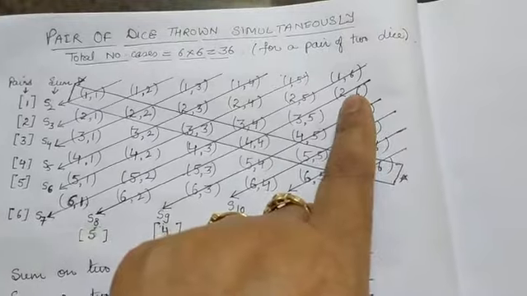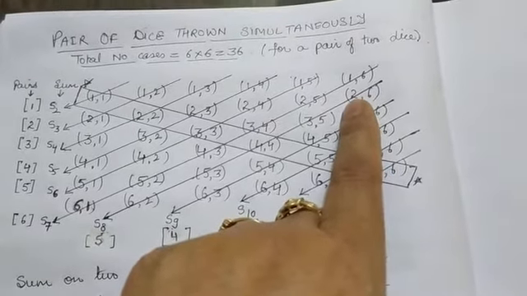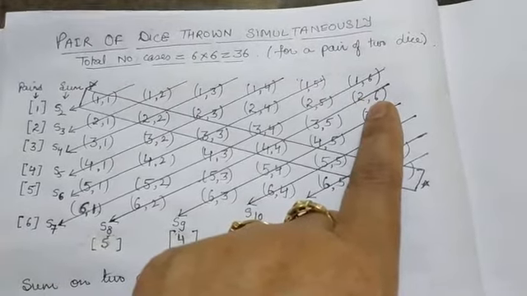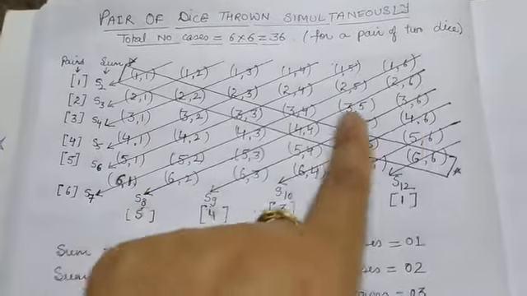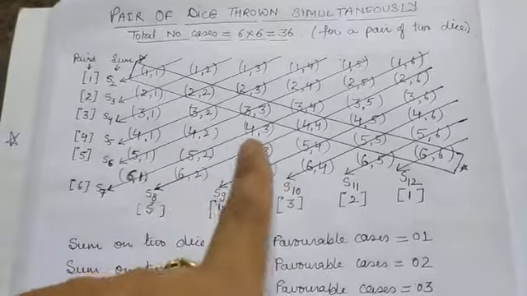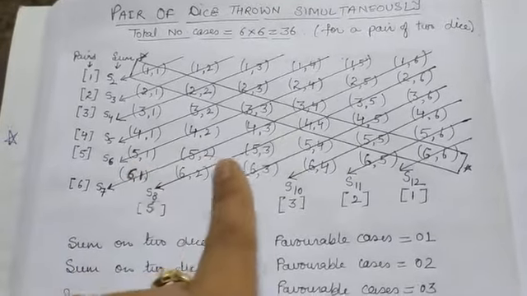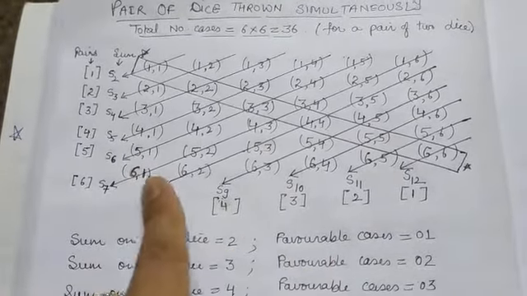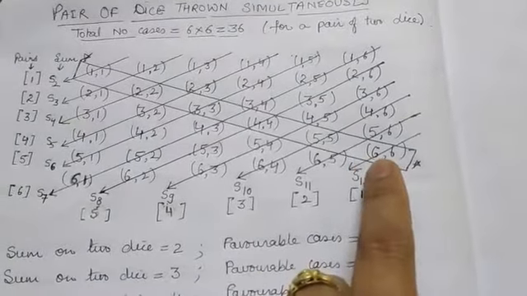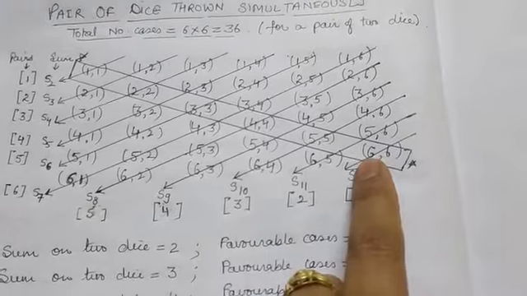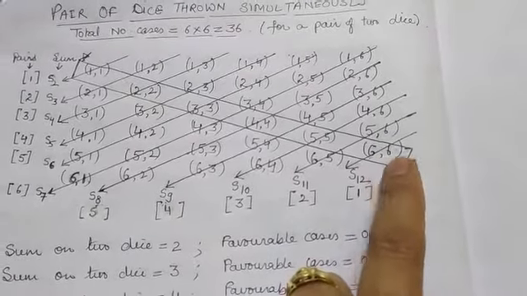The last case is when face 2 is up on the first dice and face 6 is up on the second dice. Similarly, 3-1, 3-2 combinations, 4-1, 4-2, 4-3 and so on, 5-1, 5-2, 5-3 and so on, 6-1, 6-2, 6-3 and so on. This is the last case, when face 6 is up on the first dice as well as face 6 up on the second dice.